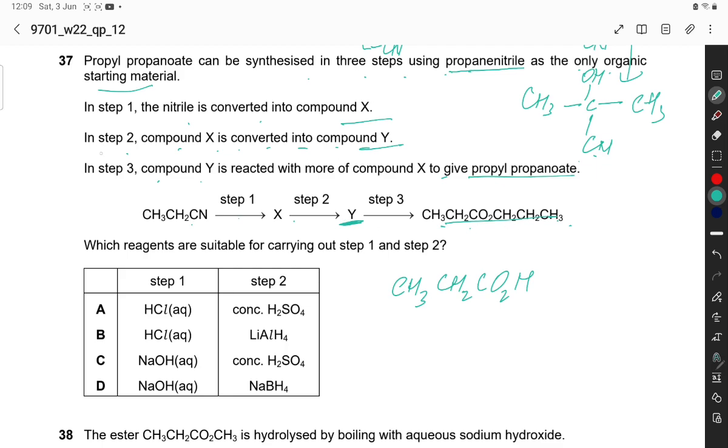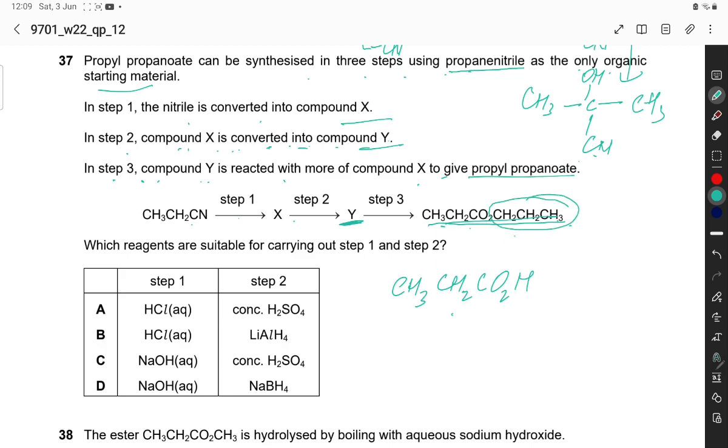In step 2, compound X is converted into compound Y, and in step 3 Y is reacted with more compound X. This is an ester, and an ester is formed by reacting with propanol.